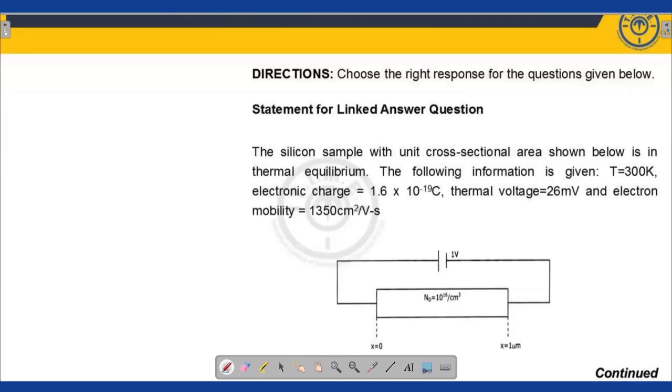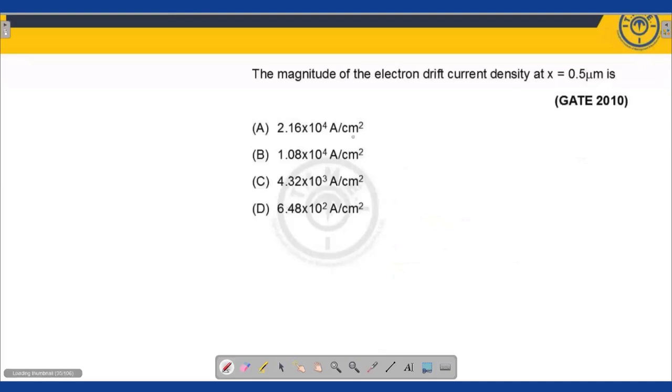Now, my dear friends, what kind of sample is it? It is completely a silicon sample. So, silicon sample. Very important itself is that the same sample is what type of sample? N type. So here he is asking the magnitude of electron drift current density.